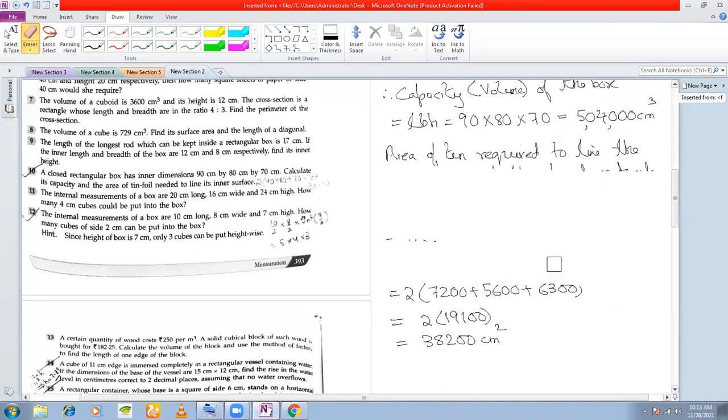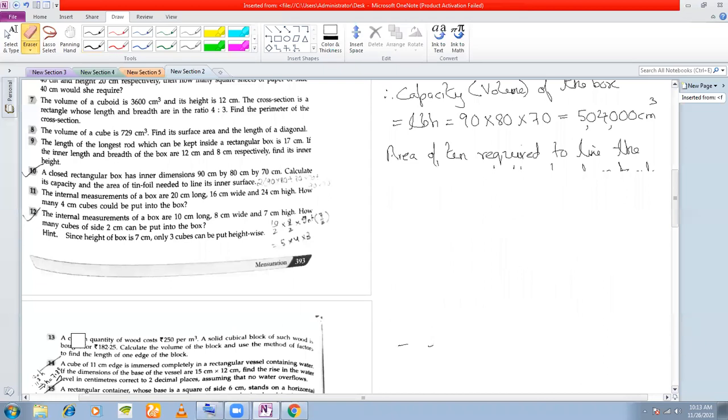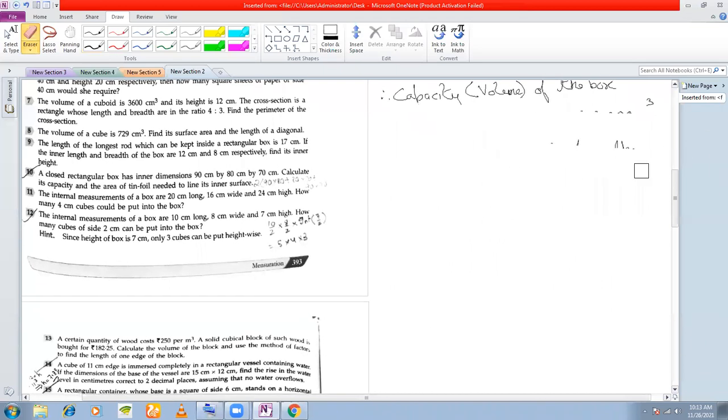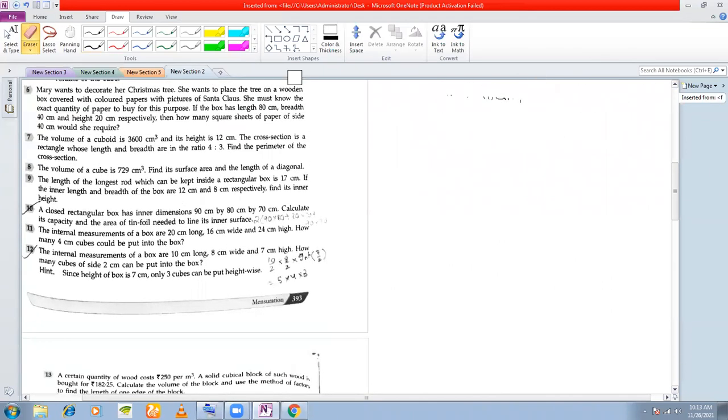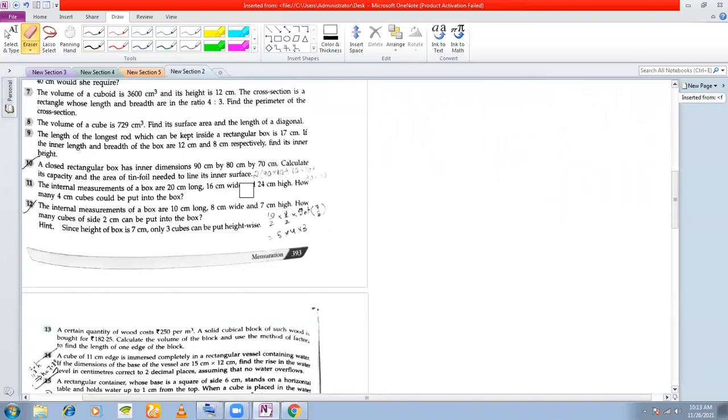Okay, we'll take up number 12, and here I'm going to explain to you the difference between capacity and volume. Slight difference between capacity and volume. Look at number 12. Question is, the internal measurements of a box are 10 centimeter long, 8 centimeter wide, and 7 centimeter high. How many cubes of side 2 centimeter can be put in the box? Okay, so let's draw it.